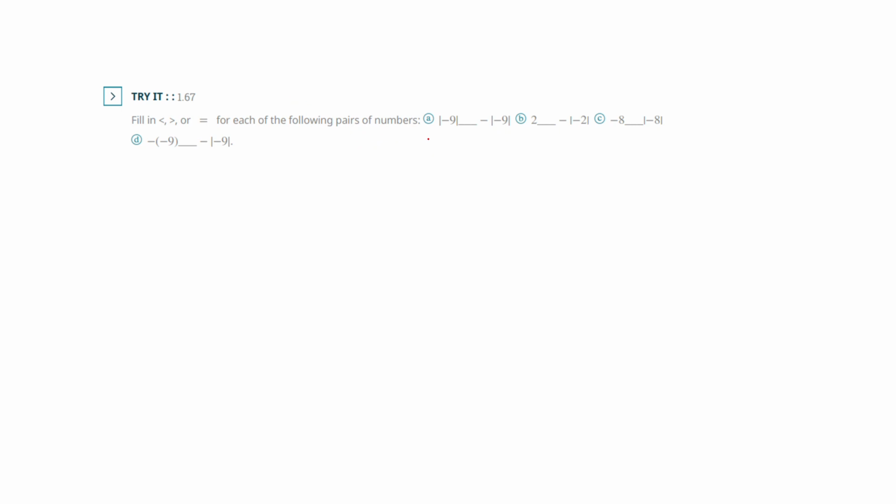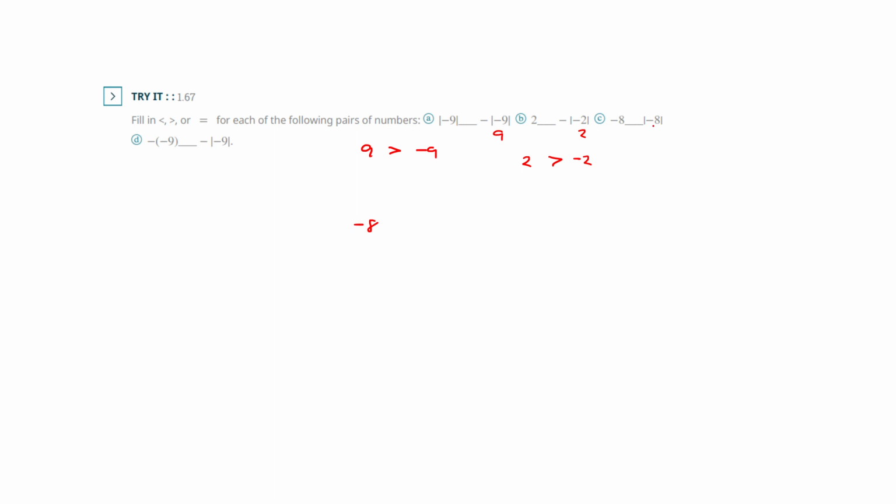Okay, so let's clean these up here. I've got a 9. Now this is 9, but it's got a negative out front, so 9 is greater than negative 9. Got a 2 here. Now the absolute value makes a 2. I got a negative out front. 2 is greater than negative 2.